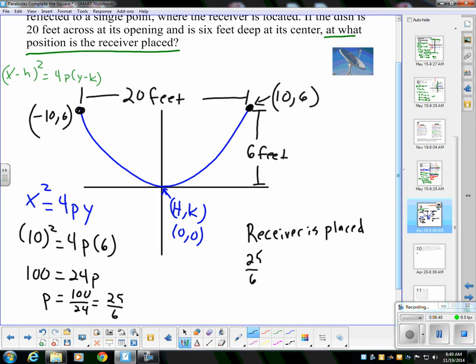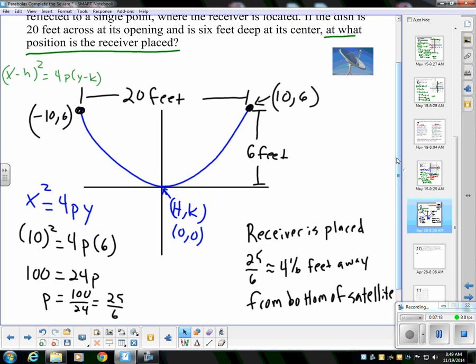Now, if you want to turn 25 sixths into a decimal, that's about 4 1/6. And what's our units here? Feet. They weigh from the bottom of the satellite. So now we have answered that question.